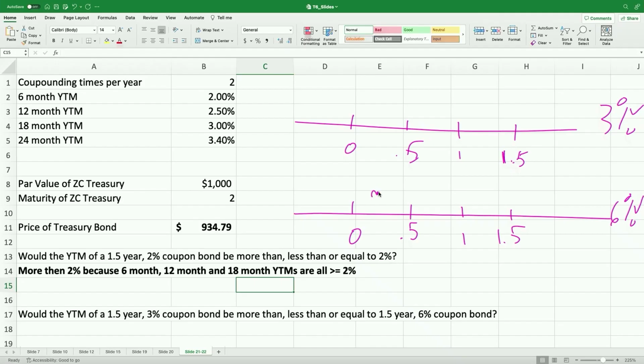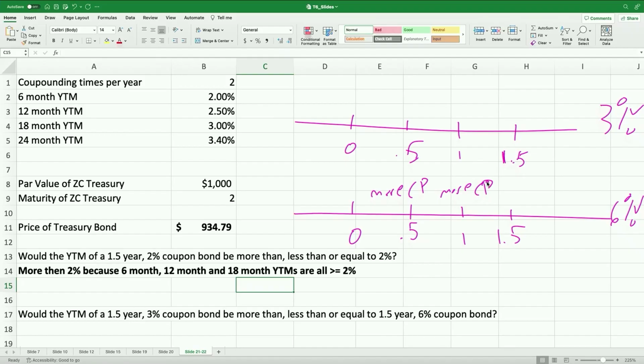It's going to have more coupon and more coupon payments at the 6-month and the 1-year mark, right?